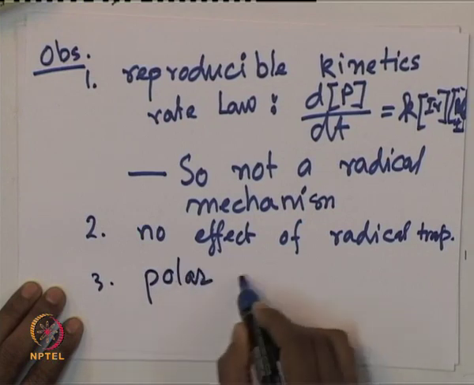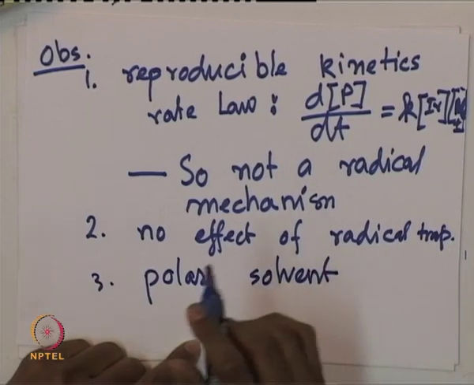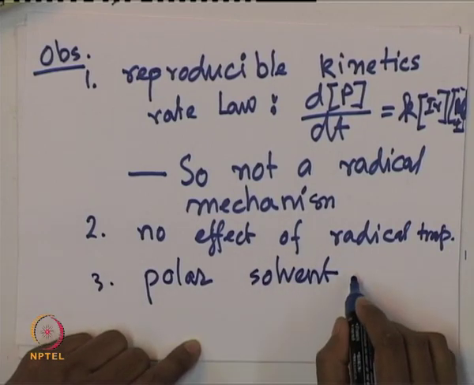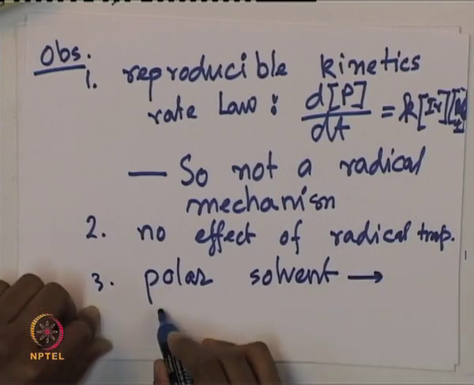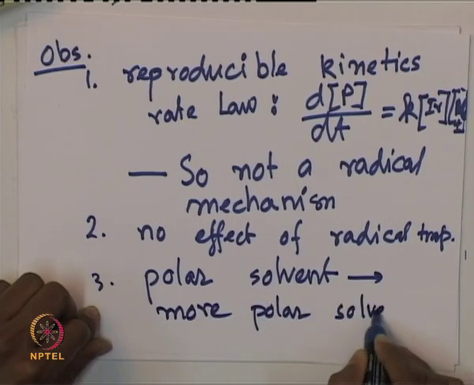As you see, for a concerted reaction the solvent will not have much effect on the reaction rate, but in this case the polar solvent will have a strong effect on the rate of the reaction. So, a more polar solvent means a faster rate.